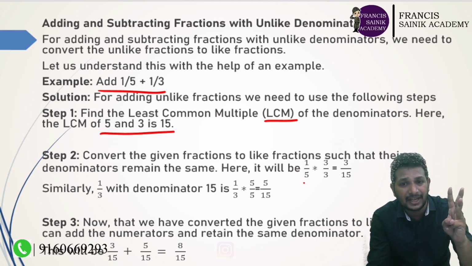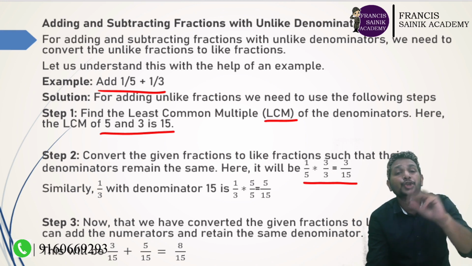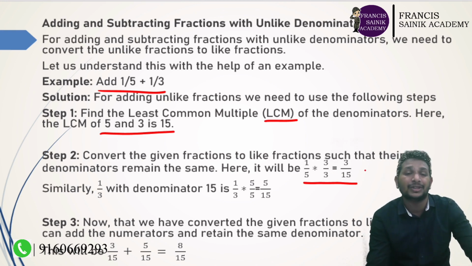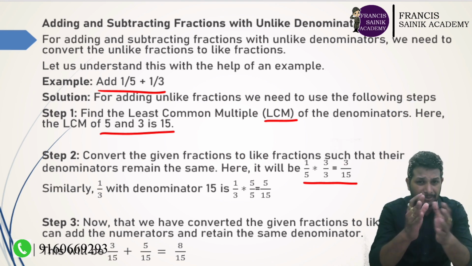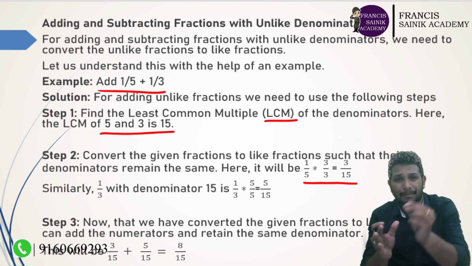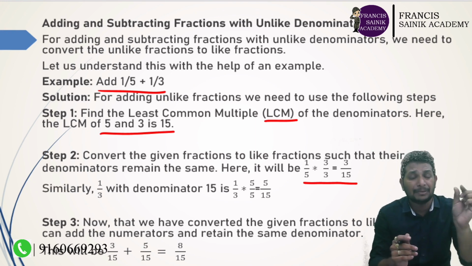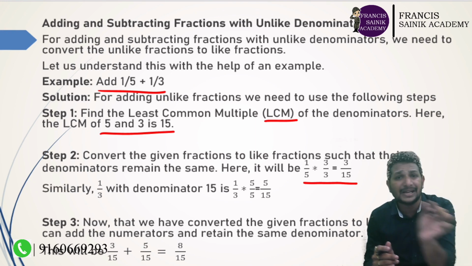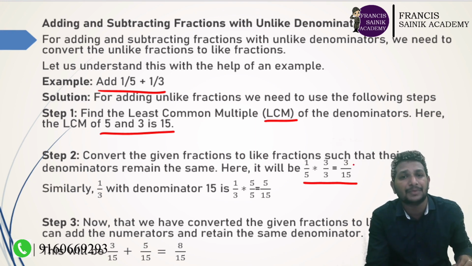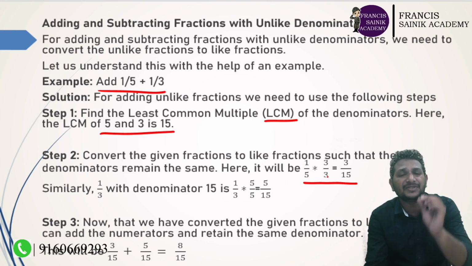So I multiplied 3 for both numerator and denominator. Whenever multiplication happens on a fraction, multiply the numerators and denominators separately. So 1 into 3 becomes 3, and 5 into 3 becomes 15.